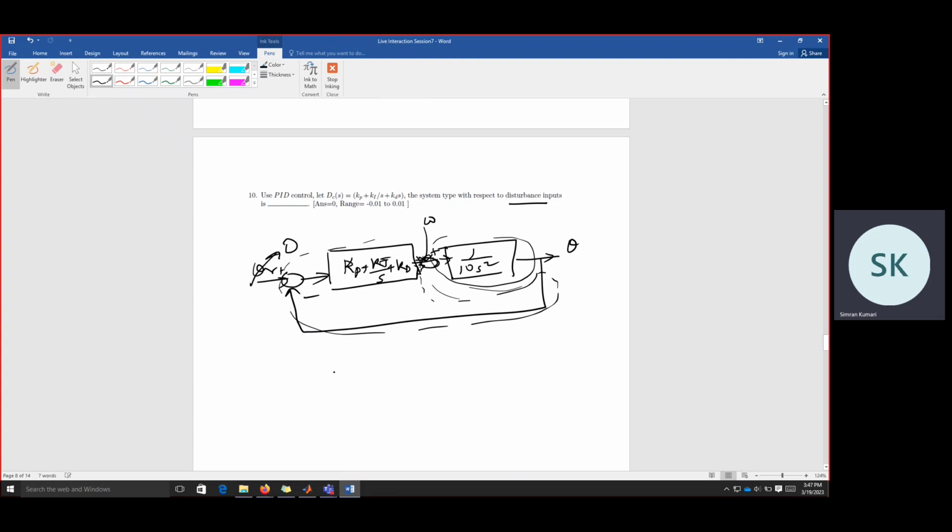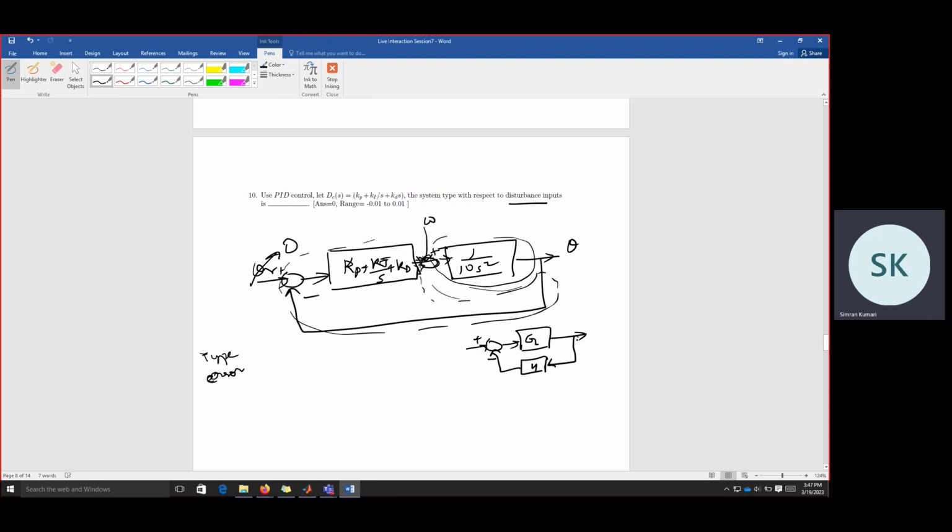Now this is not a unity feedback closed loop system. We have seen that when we are talking about type of system and error constants, we dealt with unity feedback systems. So what we can do is, if we have this G and we have H in the feedback, then we can convert this to a unity feedback system.